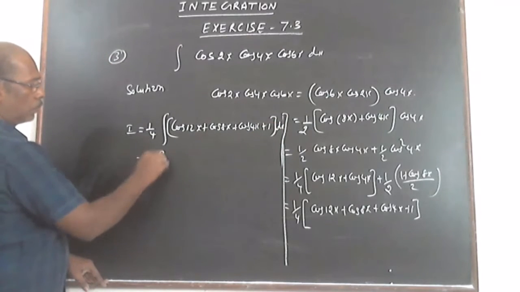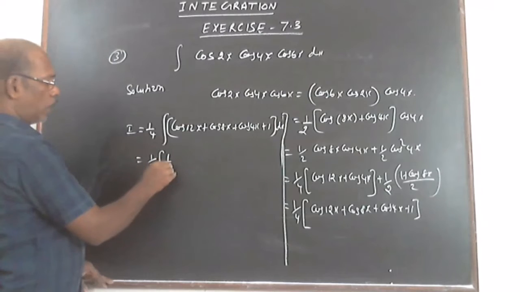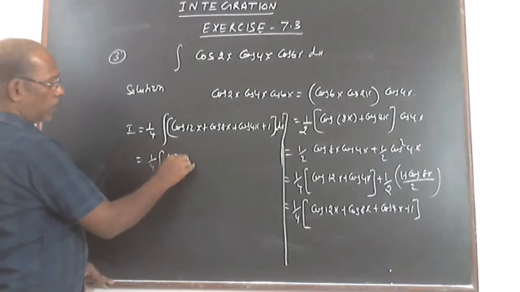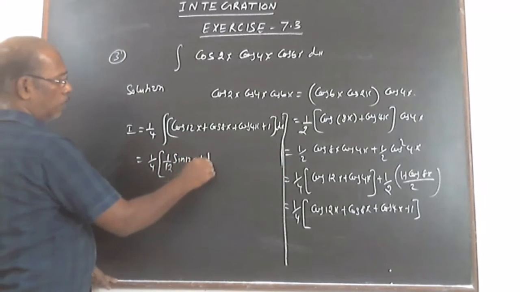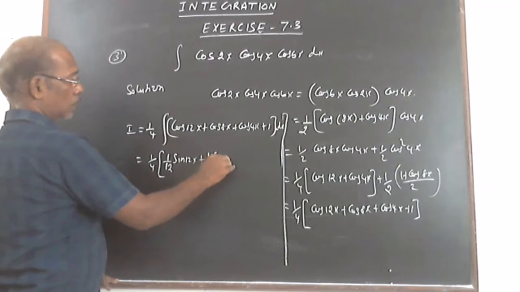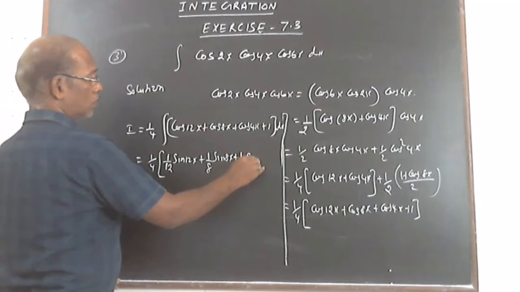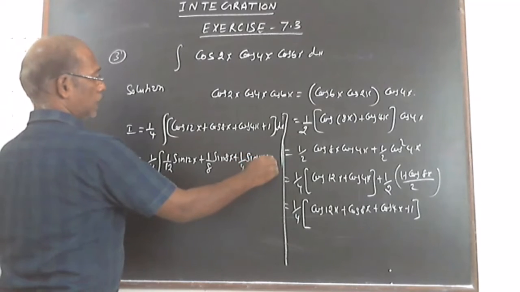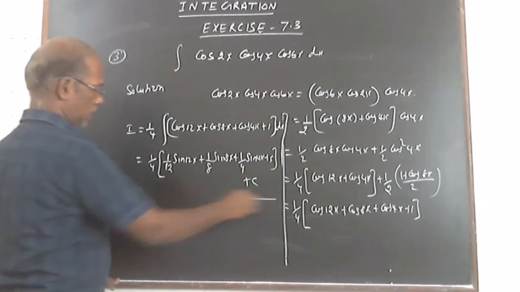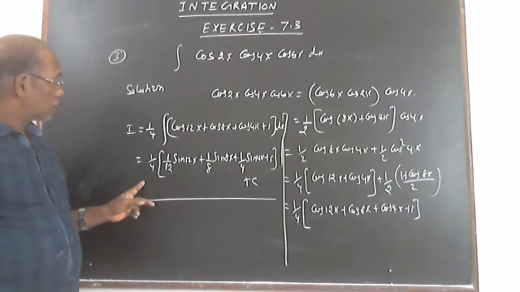Then 1 by 4 times 1 by 12 sin 12x, 1 by 8 sin 8x, 1 by 4 sin 4x, plus x with the integral constant. So this is the answer.